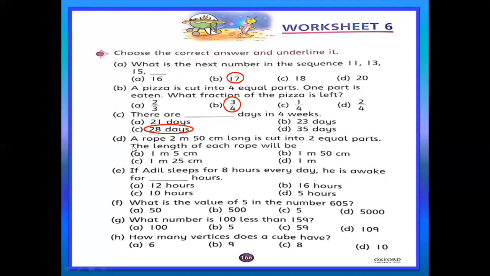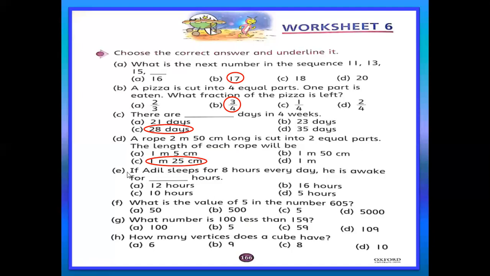So here also 2 meter 50 centimeter divided by 2. What is the half of 2? 1. Write 1 here. And the half of 50 is 25. So our answer is 1 meter 25 centimeter. You can do this with the help of division.